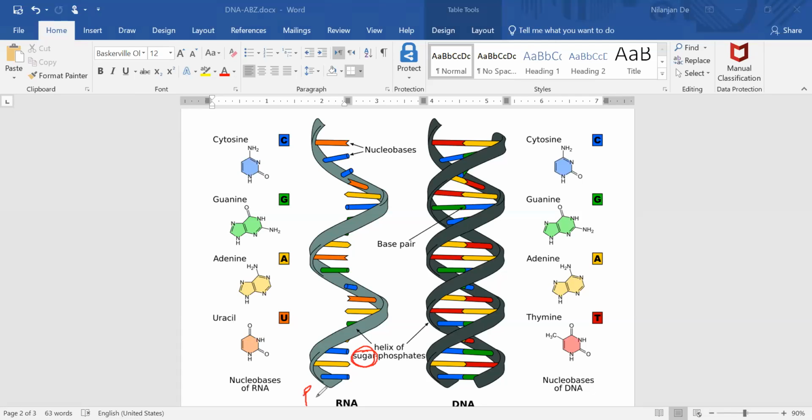See, this is ribose. So that is what deoxy. That means one oxygen is missing in the ribose sugar that is involved in making DNA.